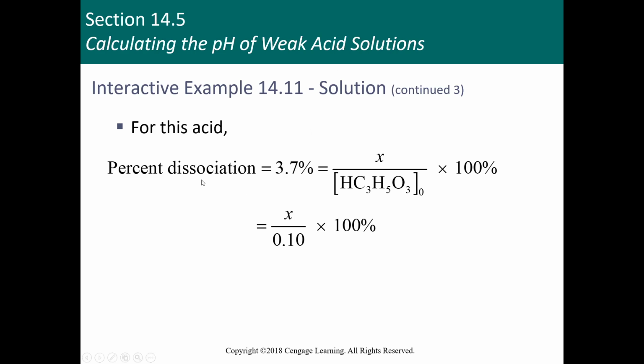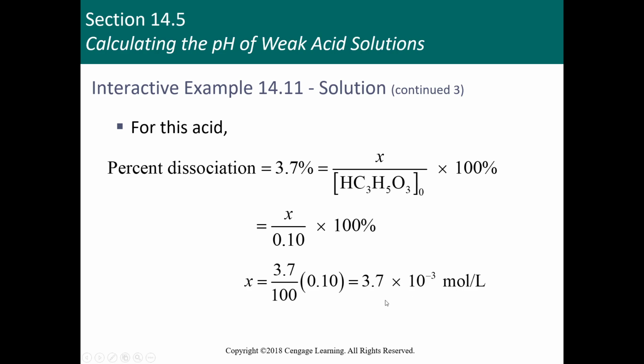We actually were given a percent dissociation this time. So we know 3.7% has to equal this x, this change, divided by our initial concentration times 100%. So we divide over 100 over here. We multiply over 0.1, that's that 0.1 right there, right? And that will give us our x.